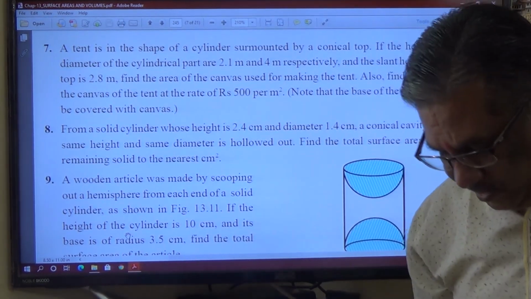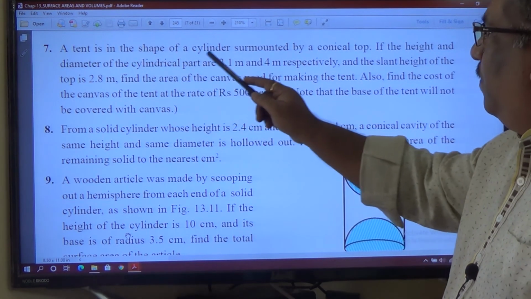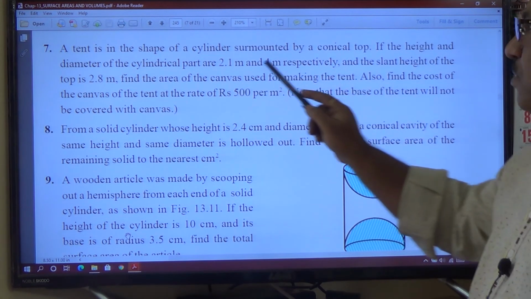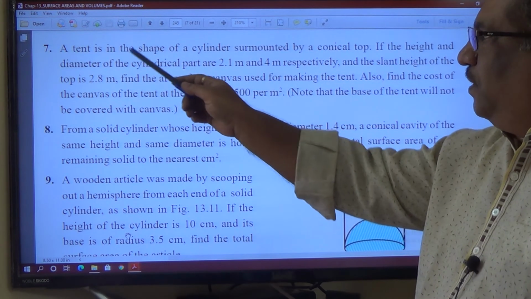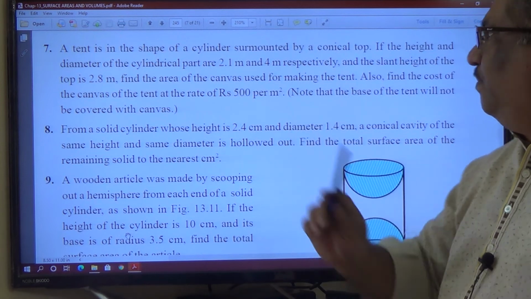Question number 7. A tent is in the shape of a cylinder surmounted by a conical top. Can you imagine the shape of the tent? The shape of the tent is a cylinder on which a cone is placed.